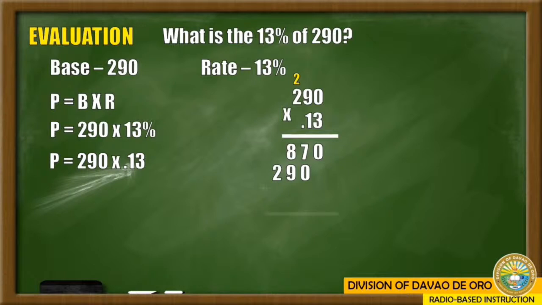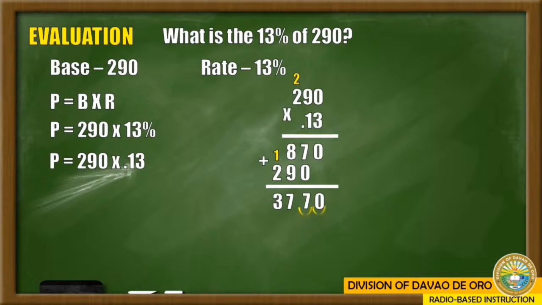Then we will add. So we will bring down 0. Then 7 plus 0 is equal to 7. 8 plus 9 is equal to 17. Bring down 7, carry 1. Then 1 plus 2 is equal to 3. Then we will move the decimal point from the right going to the left with 2 decimal places.